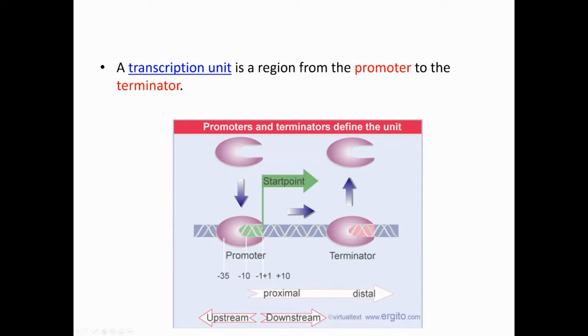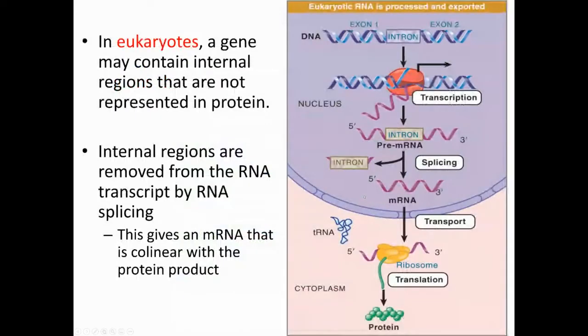Everything before +1 is upstream, and downstream is after +1. And the terminator is a signal to tell the RNA polymerase where to stop and dissociate from the template DNA. So that's the transcription unit.